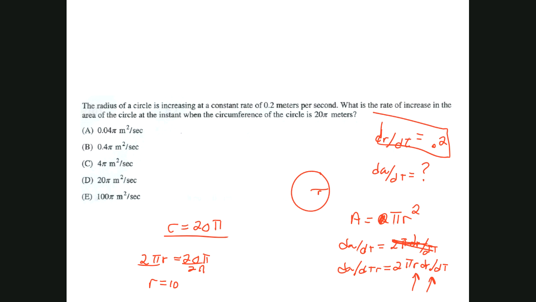So now dA dt is equal to 2 times pi times 10 times 0.2. And 10 times 0.2 is 2. 2 times 2 is 4. So that's 4 pi. The answer should be 4 pi. Very nice.